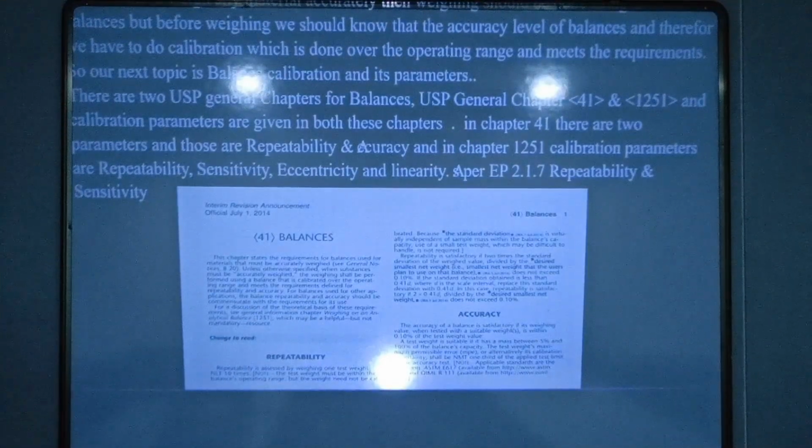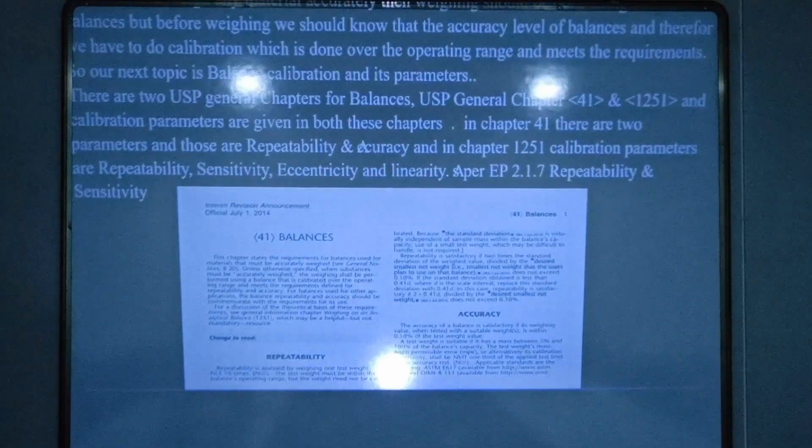As I told you, there are two general chapters in USP and one general chapter in EP for balances, and calibration and its parameters are given in all these chapters. As per USP General Chapter 41, there are two calibration parameters: repeatability and accuracy.